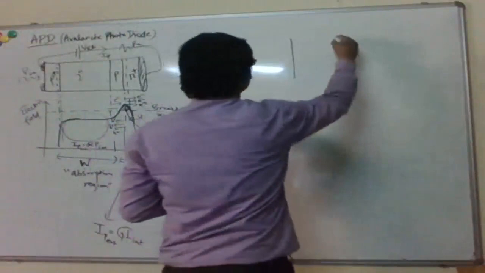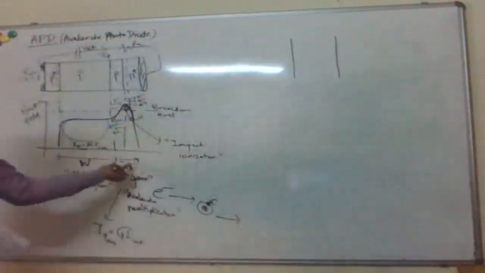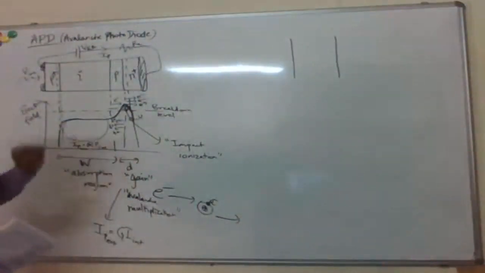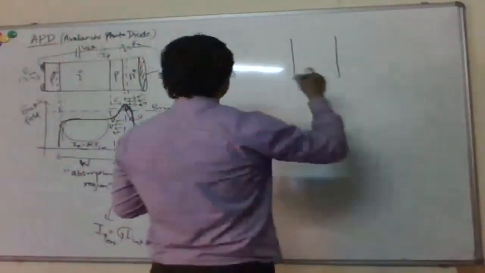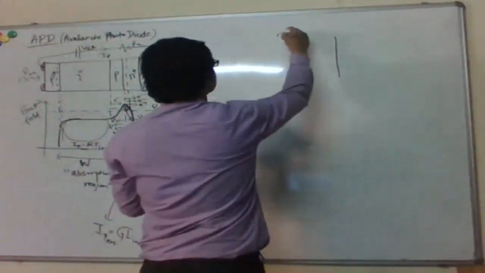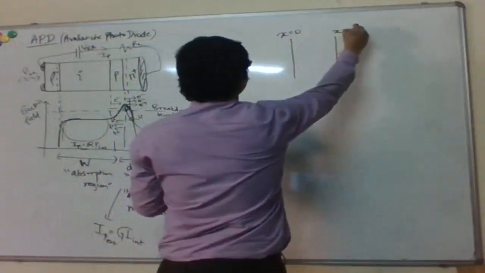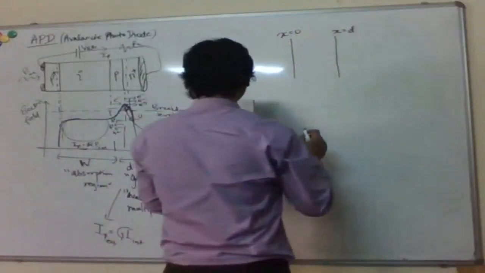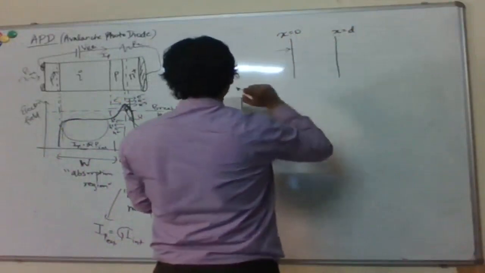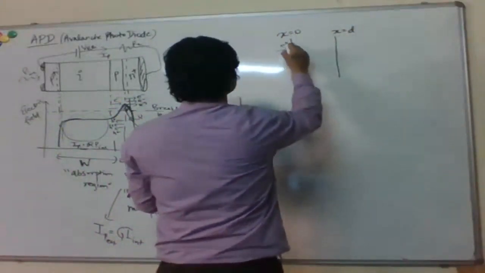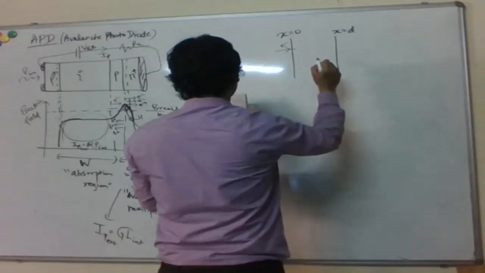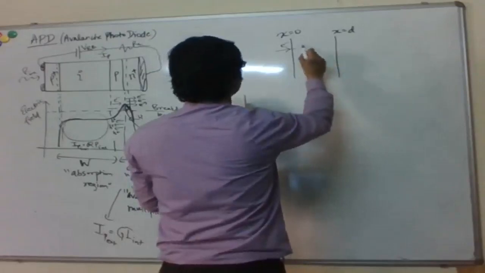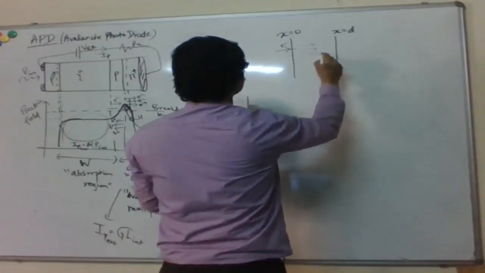Okay, so now look at this region of thickness D, the avalanche region. Let's call this x equal to 0, x equal to D. Let's say some electrons are entering from this side, and here now you're generating more and more electrons.